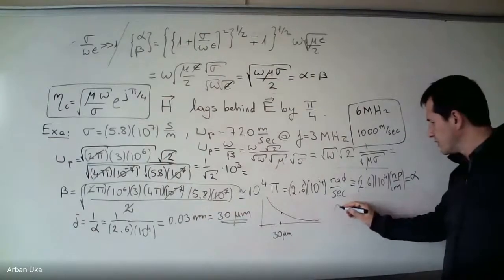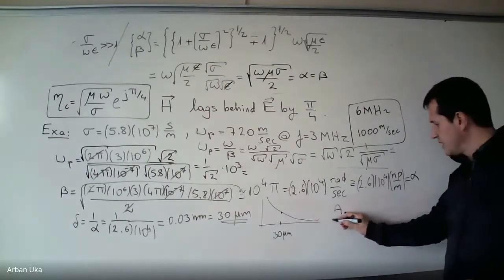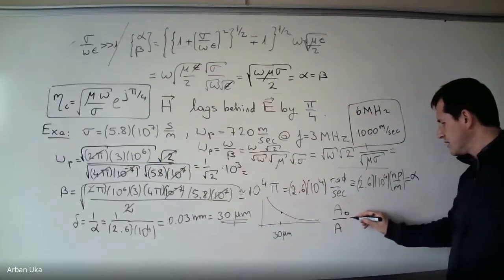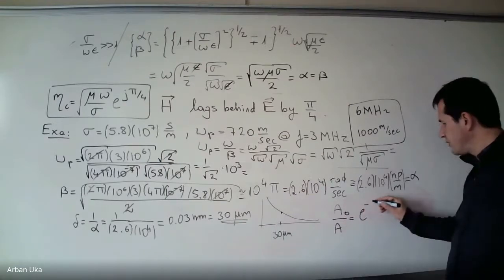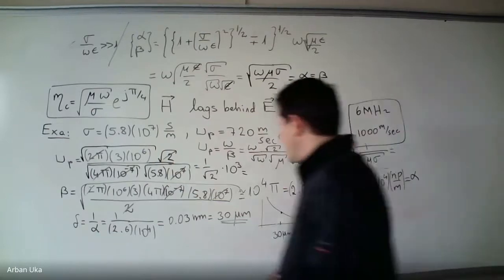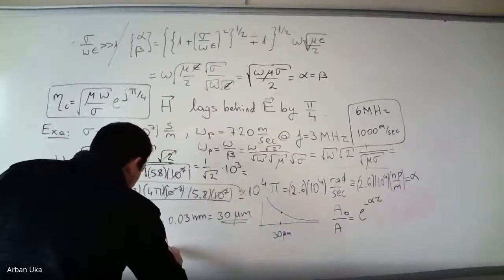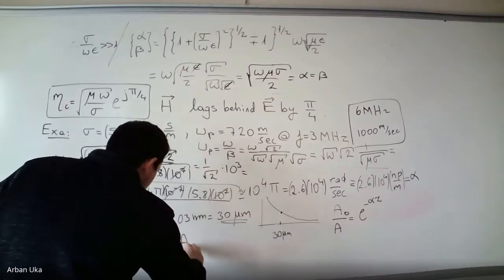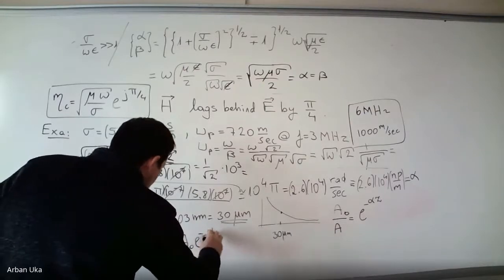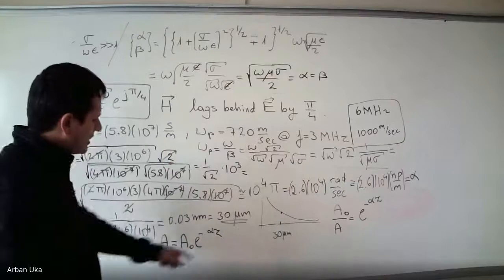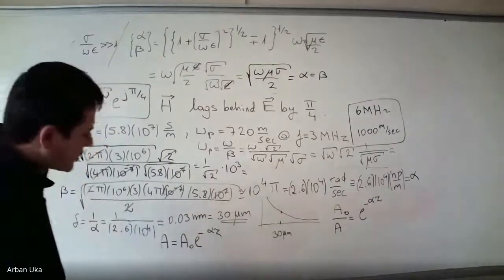So we're going to have A0 divided by A equal to e to the power minus alpha z. How do we get it? We know that the amplitude A is equal to A0 times e to the power minus alpha z. So this alpha is the attenuation constant.